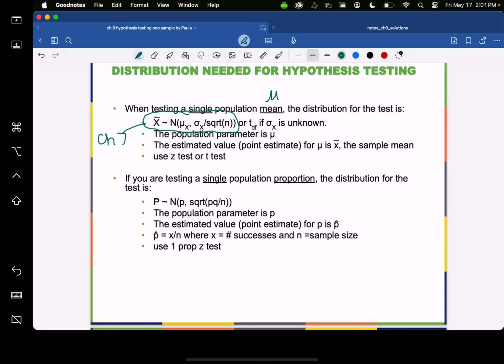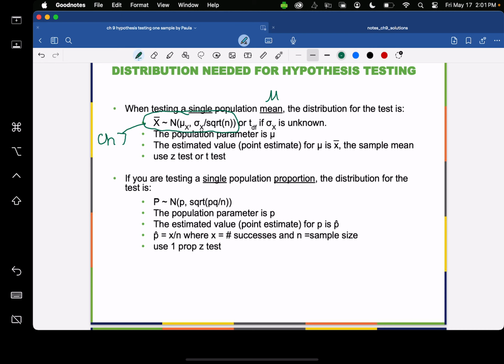This is the distribution of the sample means. The sample means are distributed normally with the same mean as x, and the standard deviation is sigma over root n.